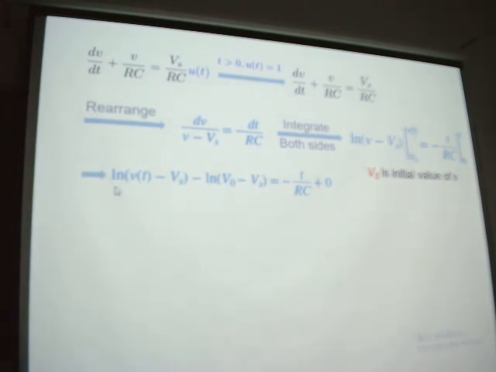The value will be ln of v(t) minus Vs, minus ln of v0 minus Vs, because here we use v0 instead of v. On the right hand side, we put t inside, and if we put 0 inside, there will be 0. So the right hand side will be this one.